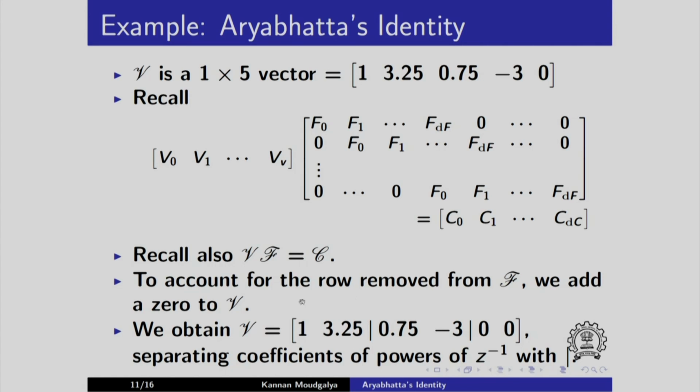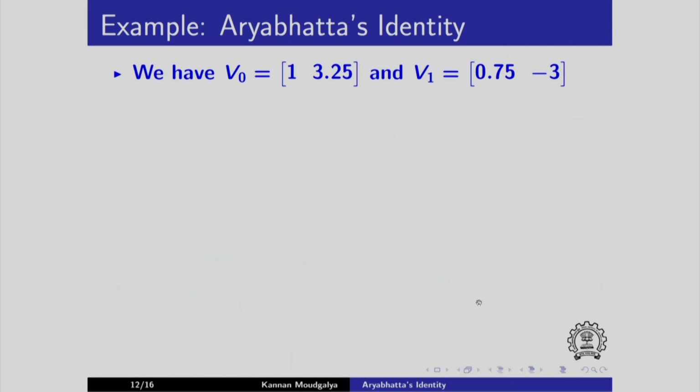So, as a result, this becomes capital V naught, this becomes capital V1, which we write down here, and these came from polynomial equation V equals x y.